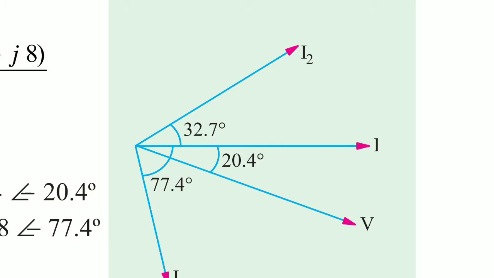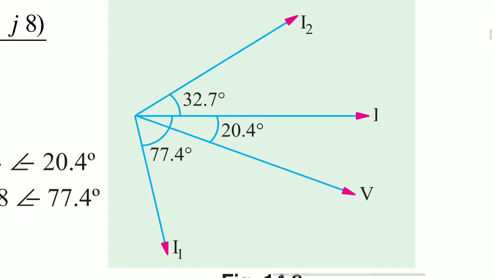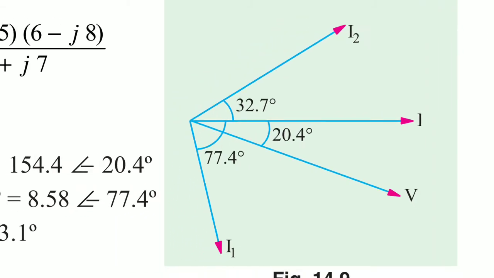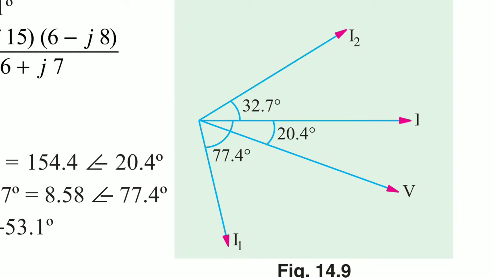So here the resultant current, the combination of I1 and I2, gives I. The voltage V is at minus 20.4 degrees with respect to the current.